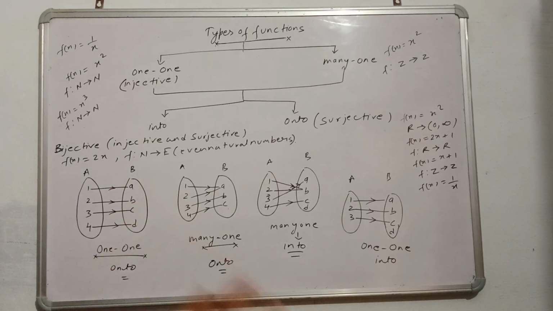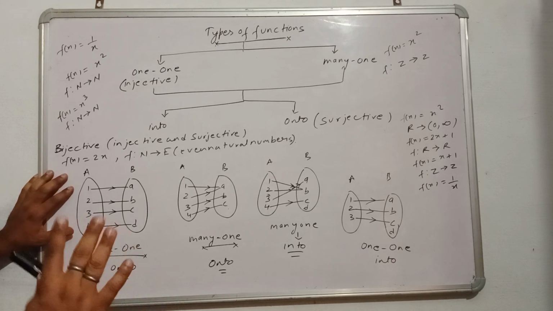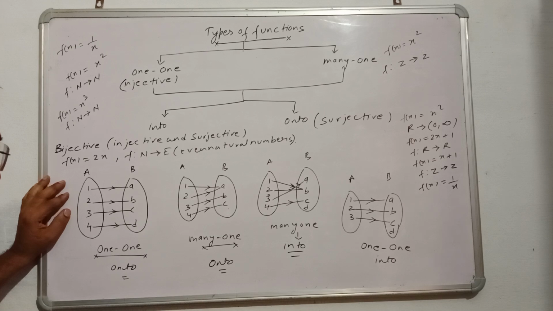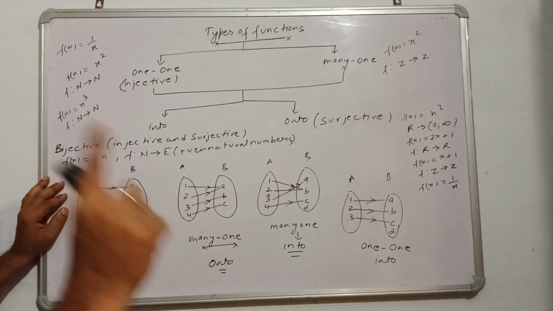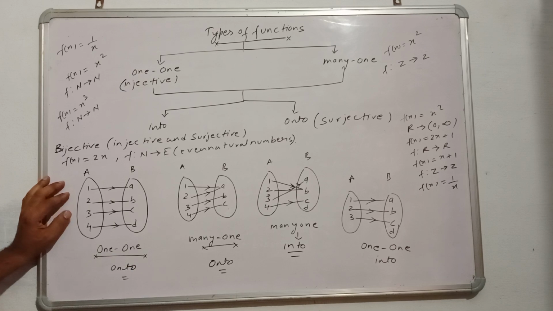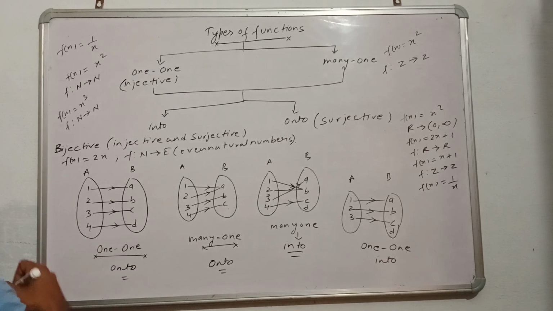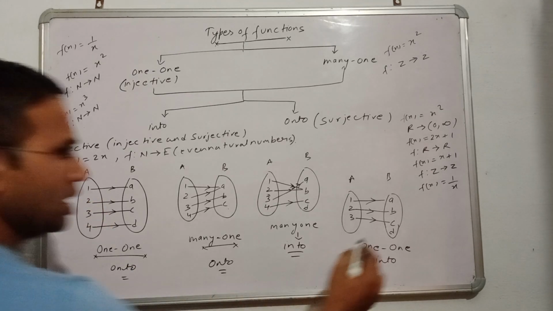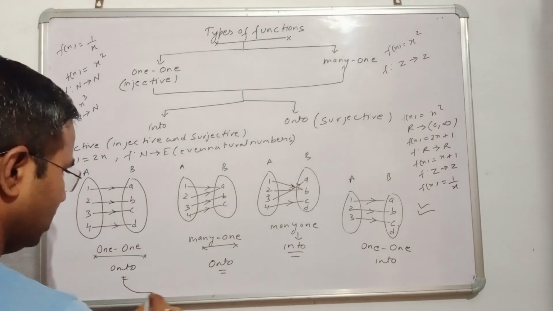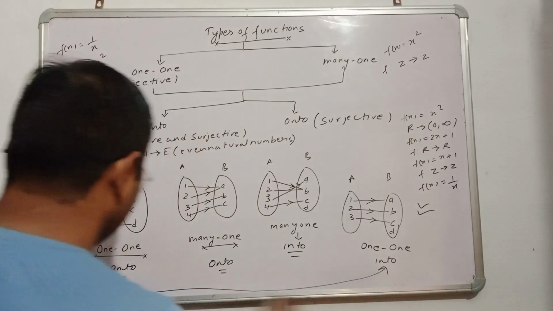Again, I am repeating, try to understand. One-one means every element has a unique image; one element has one unique image. See this one and this one.